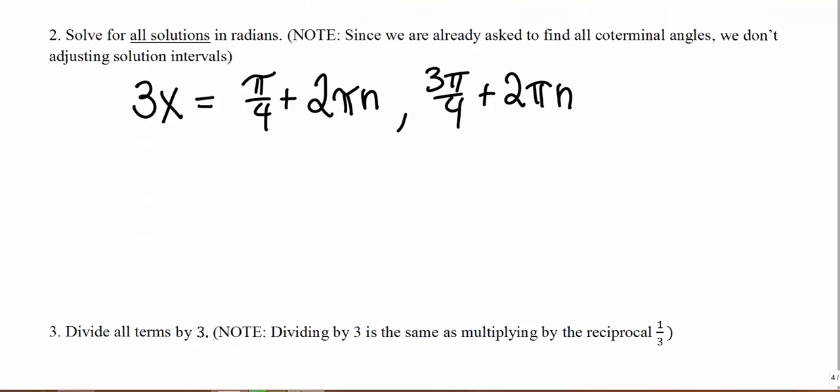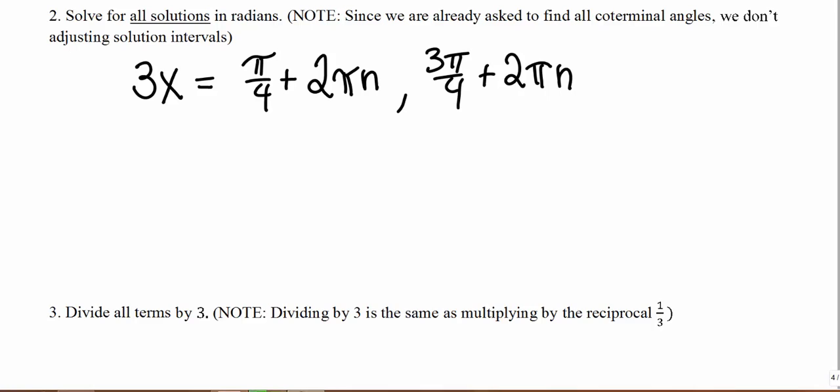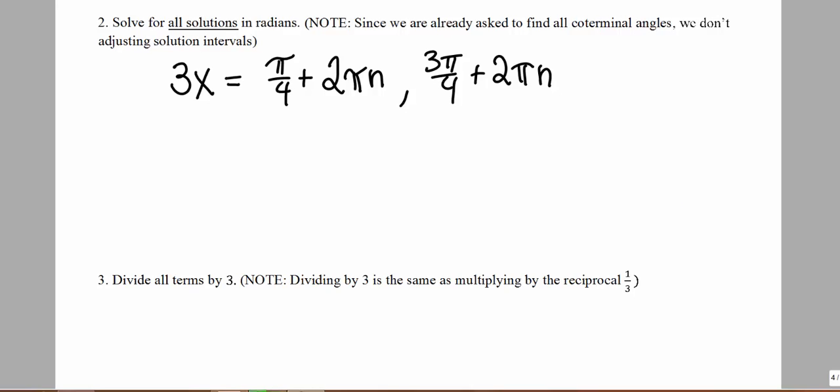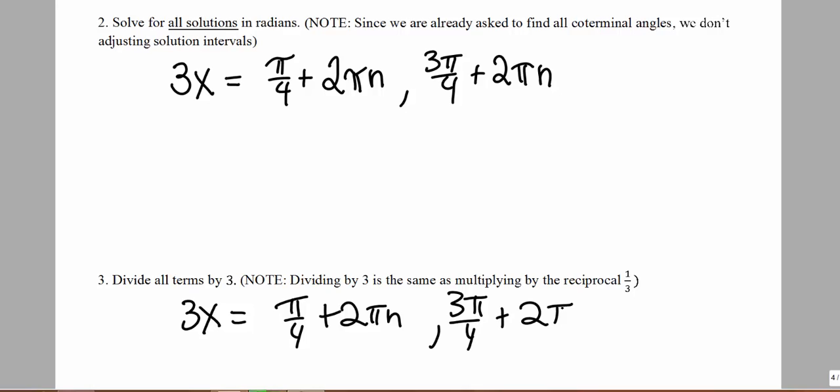But keep in mind that I don't want to solve just for 3x, we actually want to solve for x. So we're going to divide everything through by 3, which, we said before, would be the same thing as multiplying everything through by 1/3. So I'm going to rewrite this in the step below. We have 3x equals pi over 4 plus 2 pi n, 3 pi over 4 plus 2 pi n.